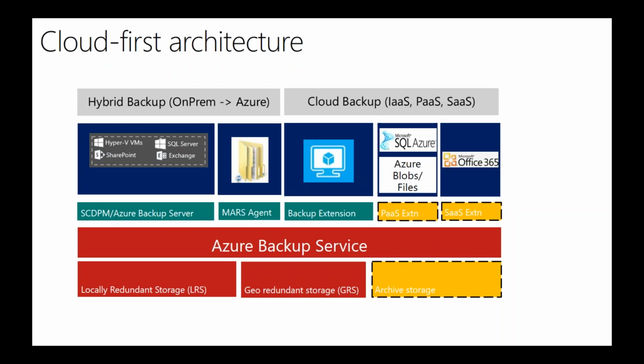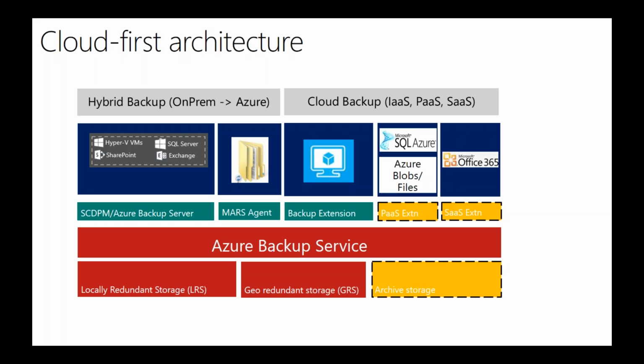So this is just a picture here of all the pieces that are in place within the backup solution. You see you have hybrid backups on the left side, which is your on-prem to Azure, and that's going to cover Hyper-V, SQL, Exchange, SharePoint, VMware, physical, and those workloads, with item-level recovery within applications there.